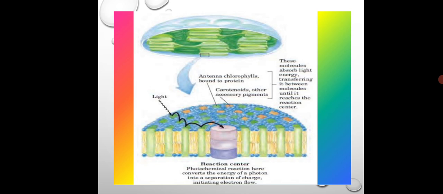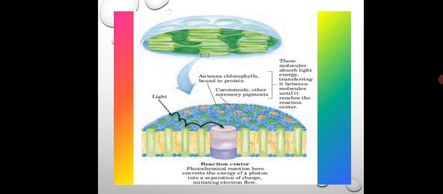Photosynthetic pigments are very important to carry out the photosynthetic reactions. To carry out this photosynthesis reaction, we need light. And to harvest this light, we need the light harvesting complex. They are interlinked with each other.